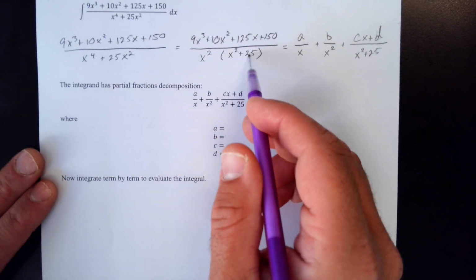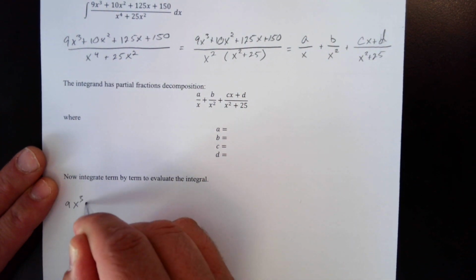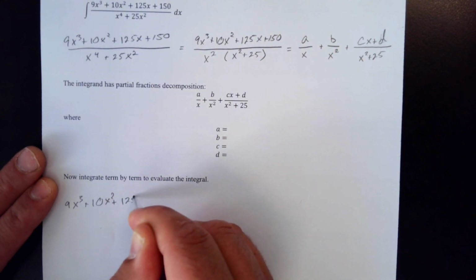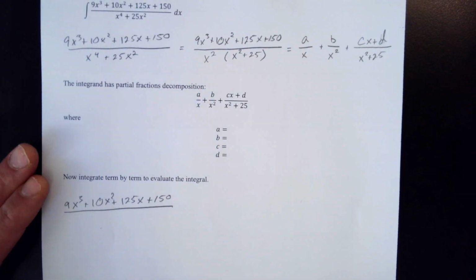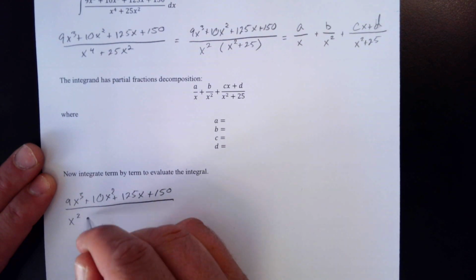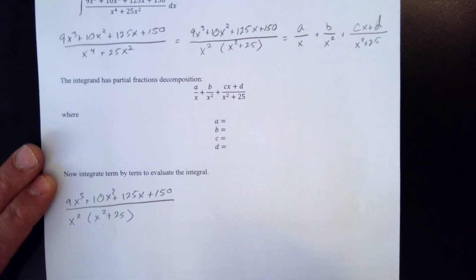Alright, so let's see. I'll rewrite this exact fraction, 9x cubed plus 10x squared plus 125x plus 150 over x squared times x squared plus 25, which is the same as this.